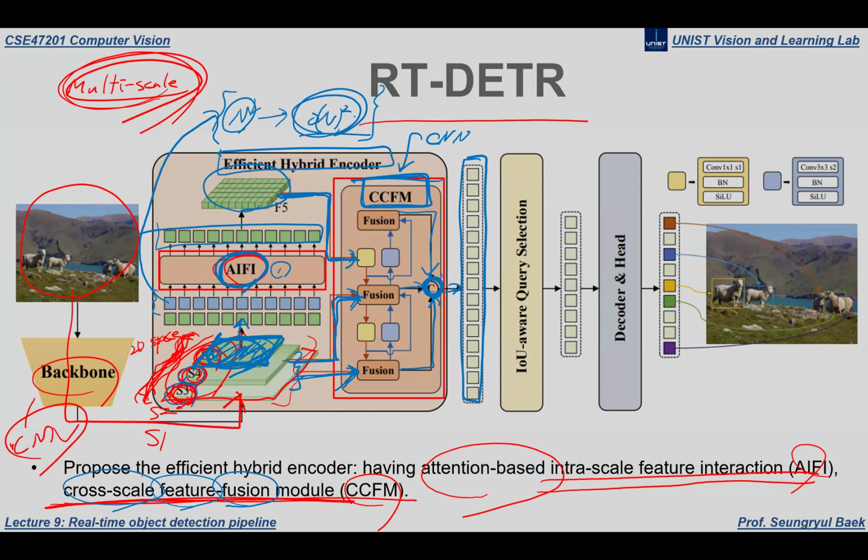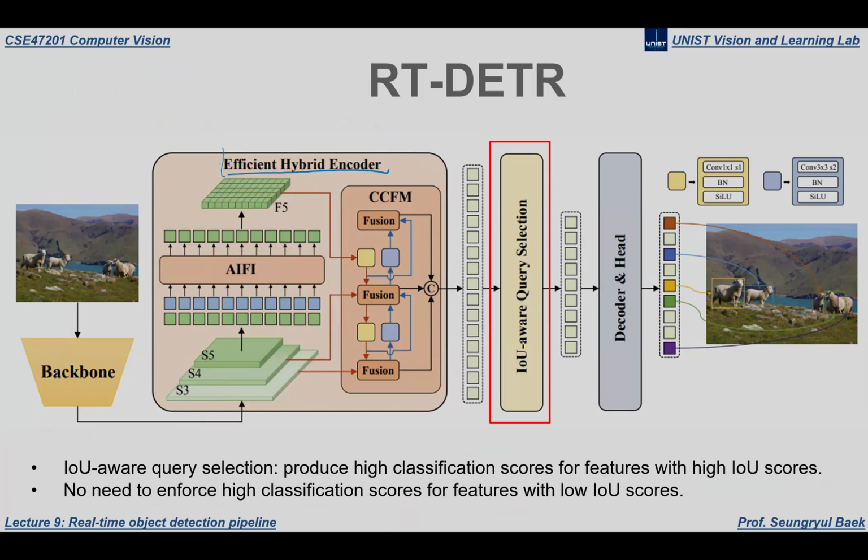So this encoder becomes efficient thanks to this. They can encode multi-scale features using the CCFM module, while also having the attention mechanism for the minimal scaled 2D features.